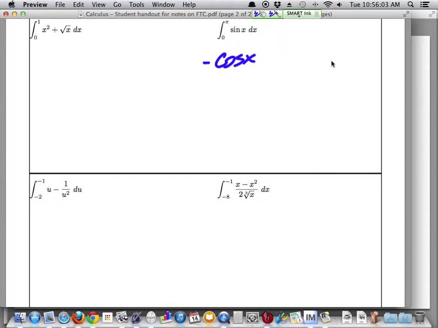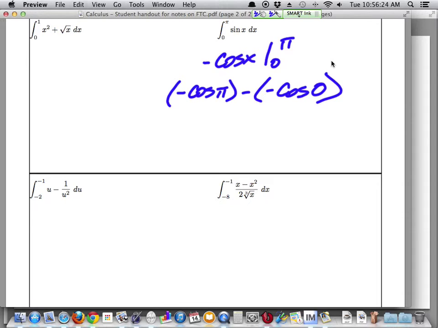Because if you get a cosine, I ended up with the cosine. Very good. So 0 to pi. Alright, then I need to plug in. Which one do I plug in first? The top one. So that would be negative cosine of pi is what I get when I plug the top one in. When I plug the bottom one in, that's negative cosine of 0.